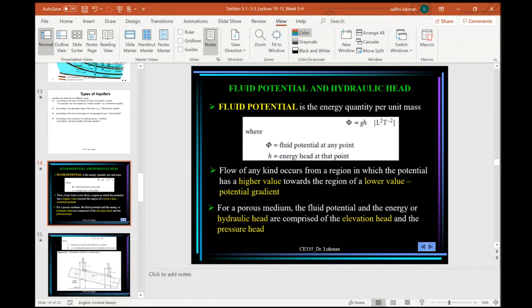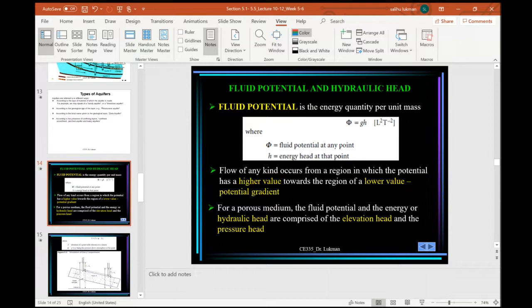This is simply like the potential energy, but per unit mass. Potential energy is mgh, so when you divide by the mass, you have only gh. So h is the energy head at that point, which is the height to which water can rise.